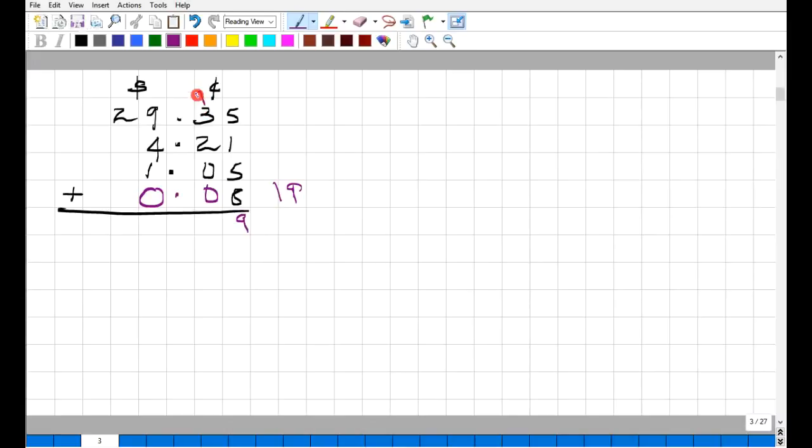So let's start with that one first. 1 and 3 would make? 4, sir. 4 and 2 would make? 6. Okay, so we write our 6. Decimal point under decimal point. So 9 and 1 here would make 10. 10 and 4 would make what? 14. Right, put 4 down and carry 1.